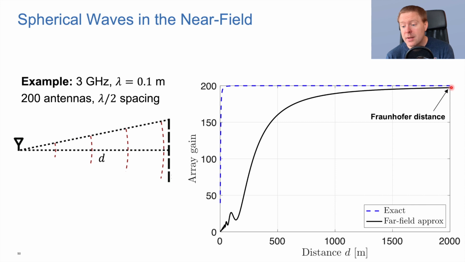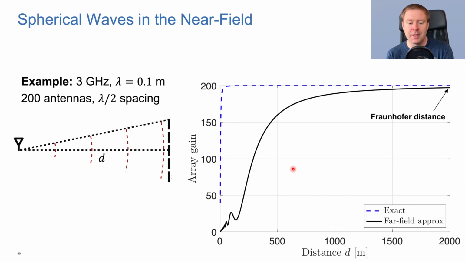And at that case, there starts to be a difference between using the exact phase shifts and believing that we are in the far field. So we see a separation, and when we are down at 1,000 meters, there is a loss in array gain by maybe 20%, and when we get even closer, there is a huge loss in array gain.